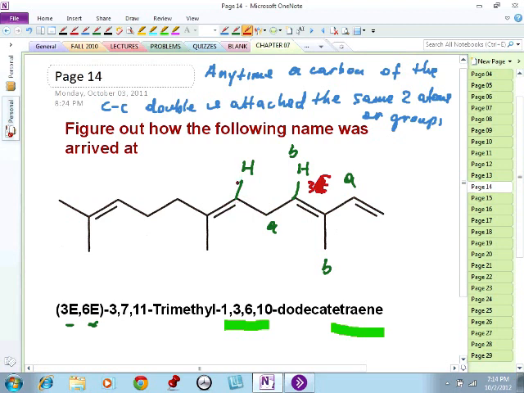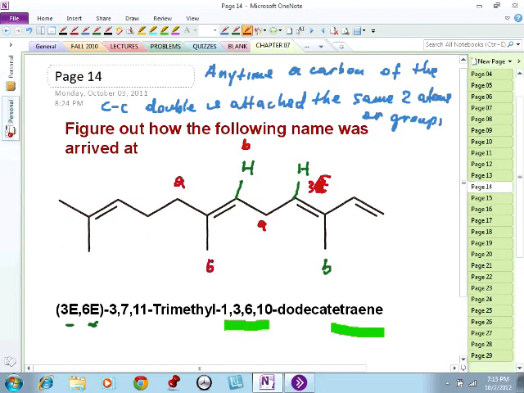Let us assign the priority here. We focus on this carbon. What is A? Below is A. B is hydrogen. Then we focus on this carbon. What is A?